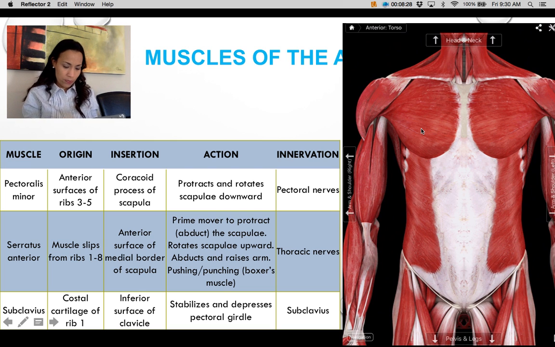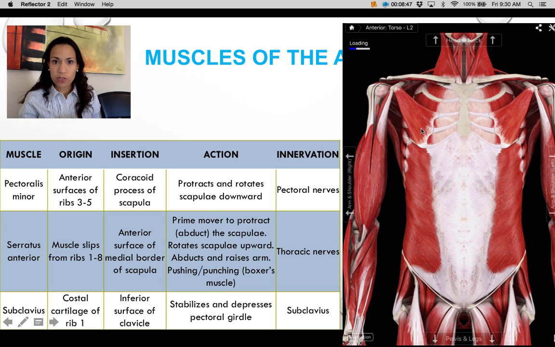First of all, this is the most superficial layer. We just removed the skin and subcutaneous tissue. That's the first muscle that we will see, the Pectoralis Major, which is not included in this table. I'll describe it later. So I'm going to remove Pectoralis Major, and I can see this deeper layer of muscles.